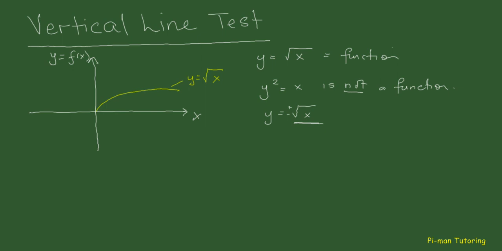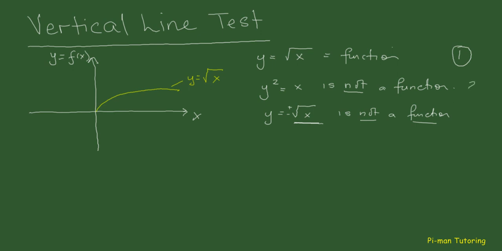And if we have plus or minus the square root, that is not a function. So in this first case above, we were given y equals the square root of x, no plus or minus signs, and therefore there's an implicit restriction on the range of the values of y.